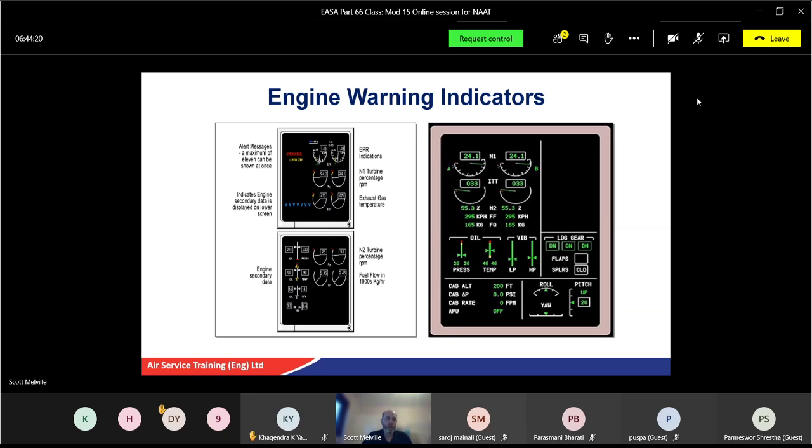The name of the resistor which works for indication, to make sure that the gauges all indicate the same, is which one? The trim resistor, and what's the other one that does indication?